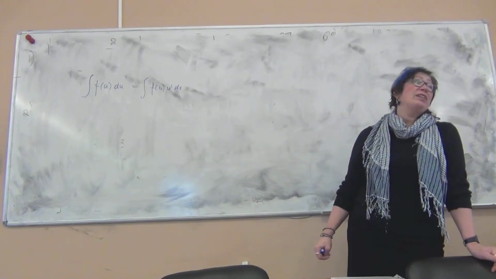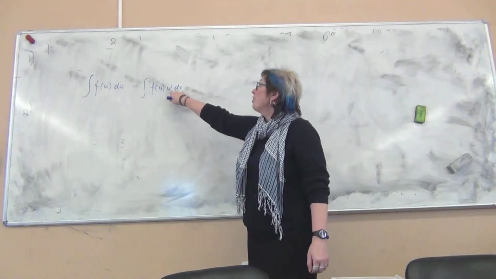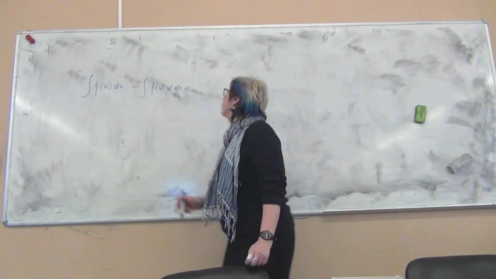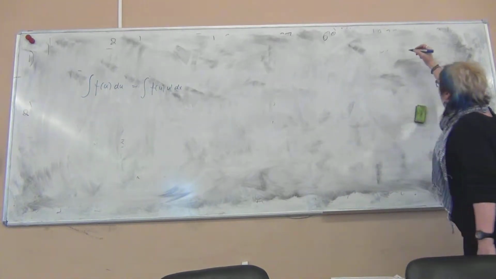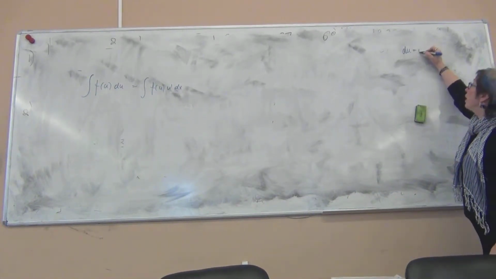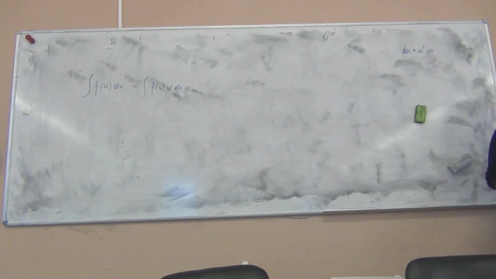Basically what we did was we more or less dragged this function into the differential. So again, the old reminder for you, the differential of a function u is the derivative of that function times the differential of x. Do not lose dx or du or dt anywhere at all.